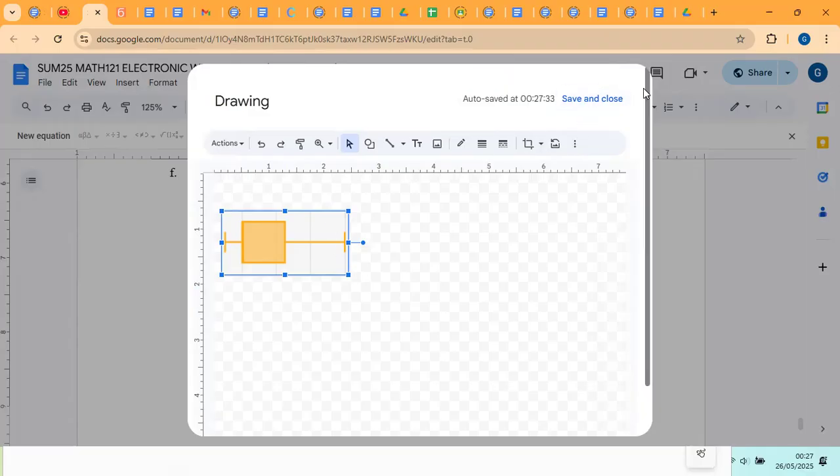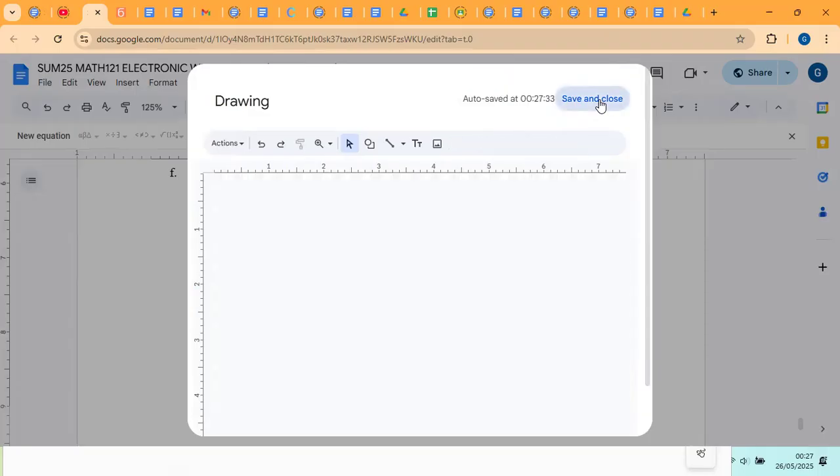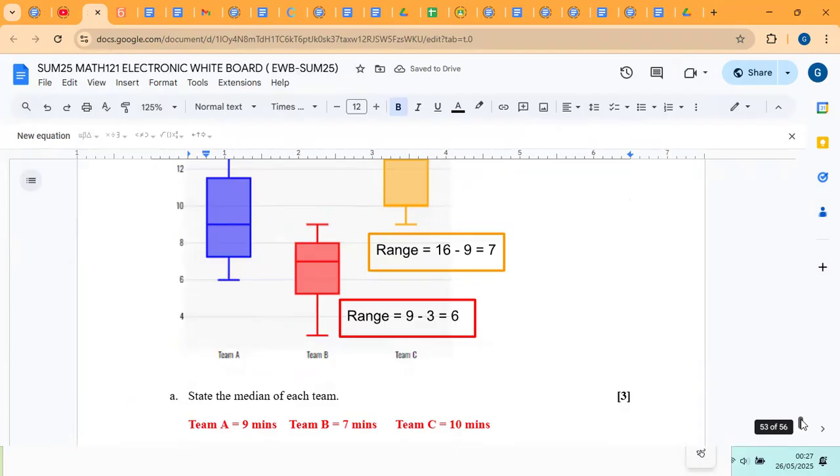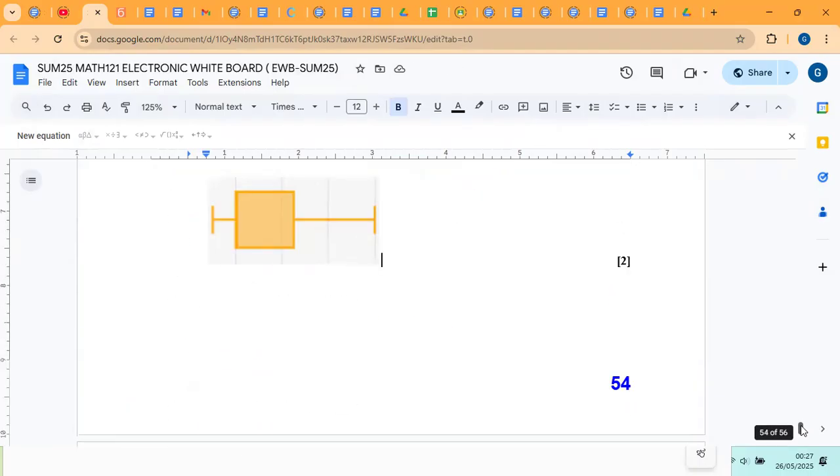Well, the highest value is 16. And the lowest value is what again we said? The lowest value is 9, 16 and 9. So here is 16 and here is 9. So this is skewed towards the right.